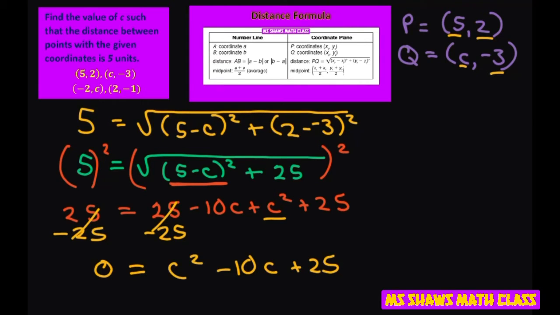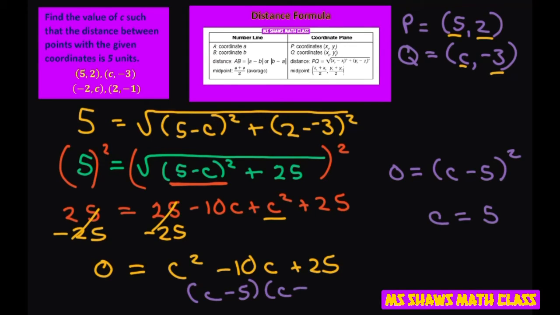Now factoring this, I'm going to get 0 equals (C minus 5) squared. So C equals 5. And of course this is really (C minus 5) times (C minus 5). So there's only one C for this one. Usually there's two C's, but for this one, since it was a perfect square trinomial, there's only one.